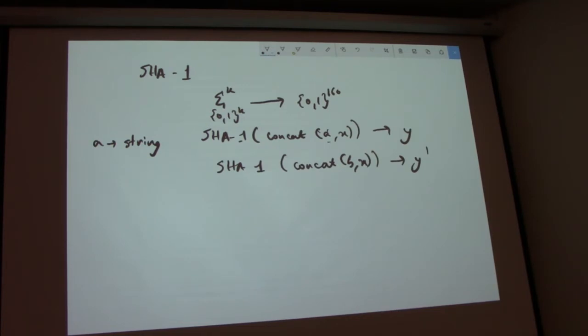I think what he was asking was that the function is the same, we're kind of changing the input, no? Because we're concatenating to the original string, but we're still using SHA-1, right? Yeah, but you want to actually find out different values for your same input, right? Like the birthday thing again.